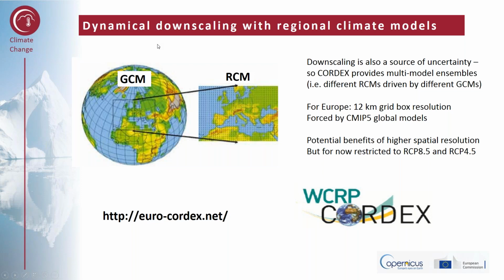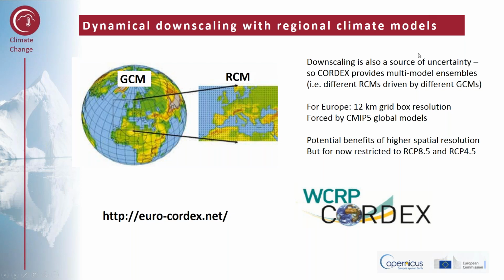So in dynamical downscaling, a regional climate model over a smaller domain is nested within the GCM, and the boundary conditions, circulation and so on are used to force the regional climate model.